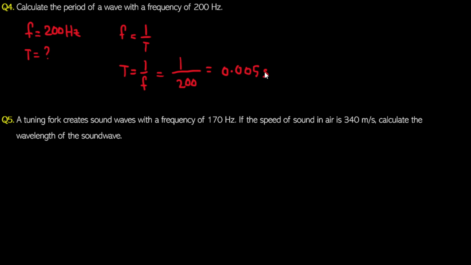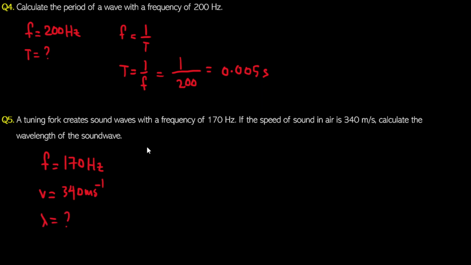Question 5. A tuning fork creates sound waves with a frequency of 170 Hz. If the speed of sound in air is 340 meters per second, calculate the wavelength of the sound wave. Let's write down what we know here. The frequency is 170 Hz. The velocity of sound in air is 340 meters per second, and it is asking you to calculate the wavelength.